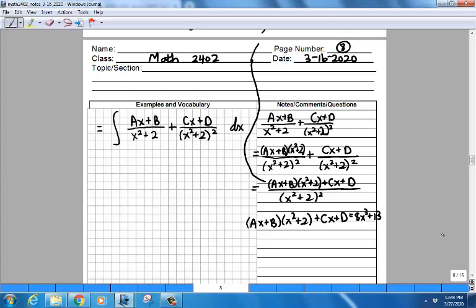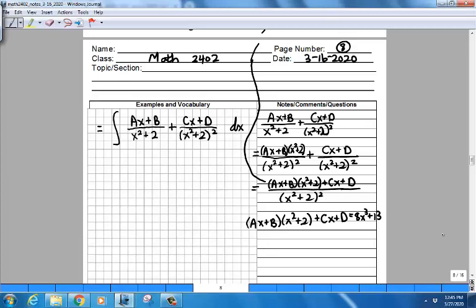Now, to figure out A, B, C, and D, I'm going to have to use a reasoning that's a little bit different than in my prior examples.